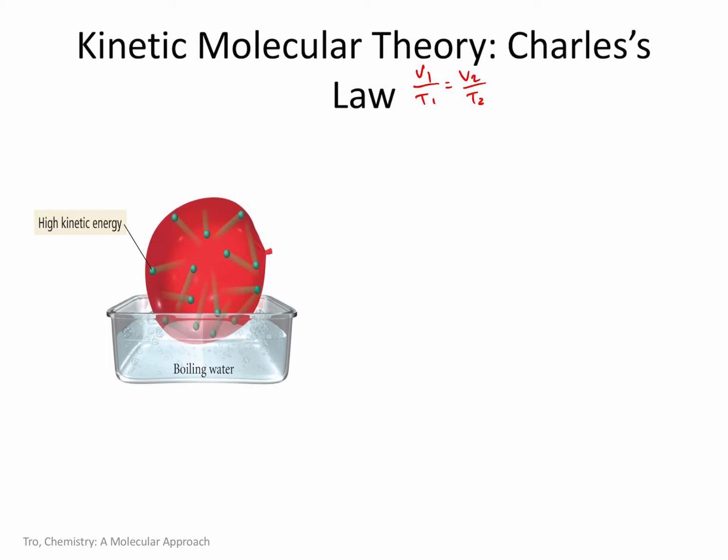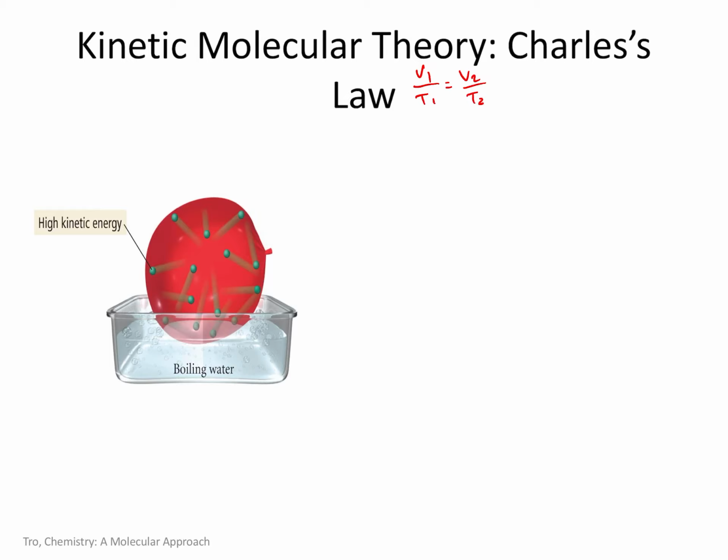And since greater kinetic energy results in more frequent collisions and more force per collision, the pressure of the gas, if it's held constant, will then keep the volume from speeding up. And if the volume is held constant, the pressure will increase. So that's basically the other Gay-Lussac's law.